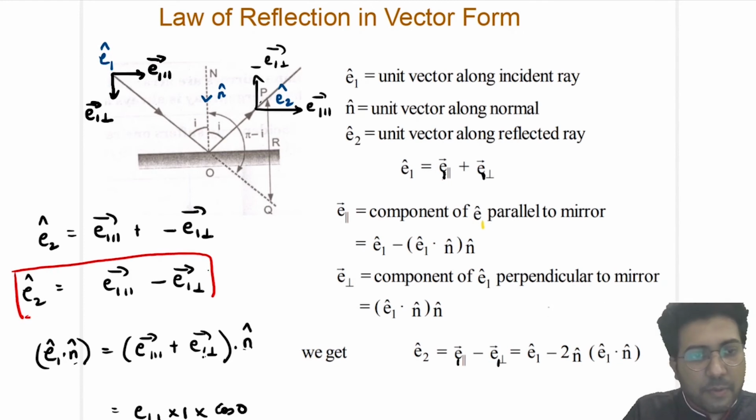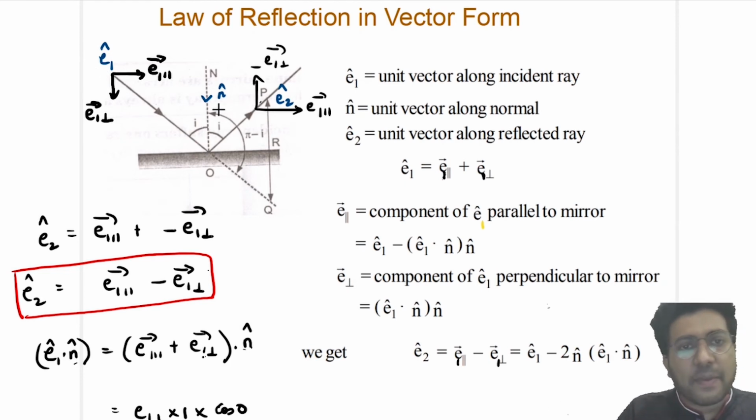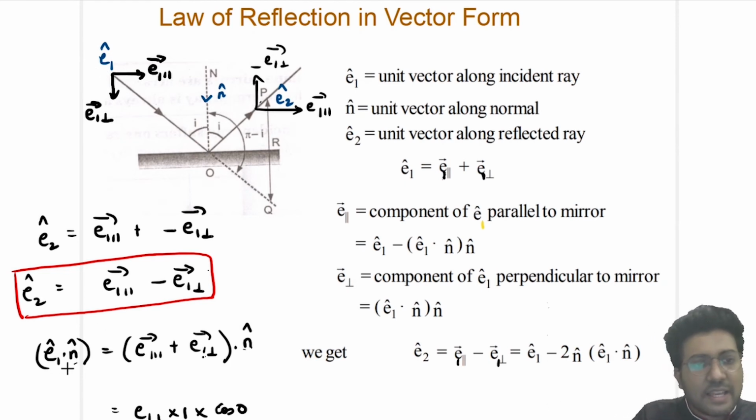Now let us do the dot product of E1 cap and N cap. E1 cap can be written as E1 parallel vector plus E1 perpendicular vector, dot N cap. Note that the components are not unit vectors; the resultant of these two is a unit vector.